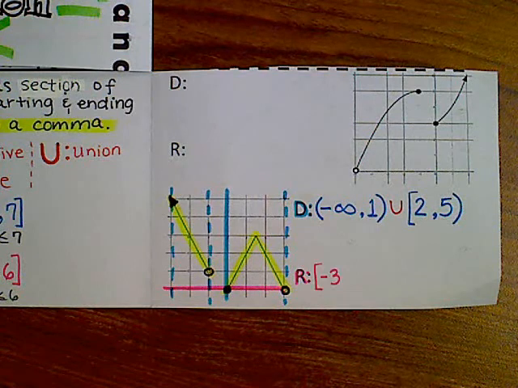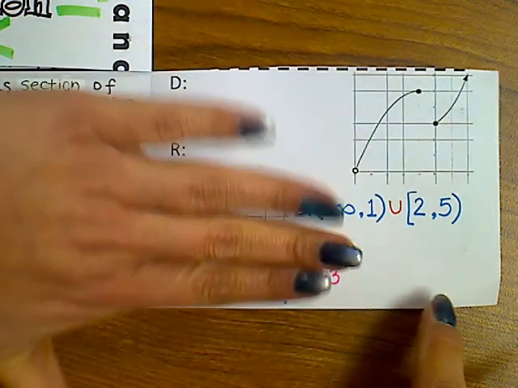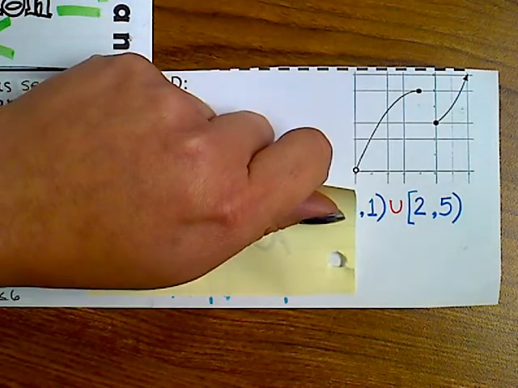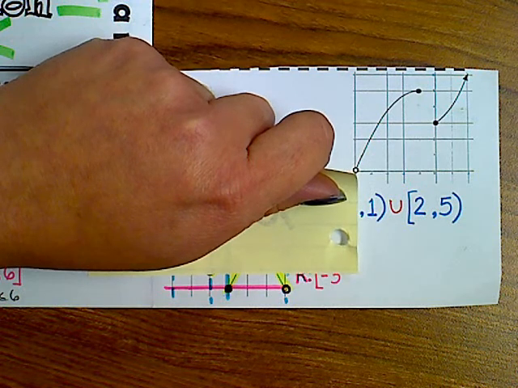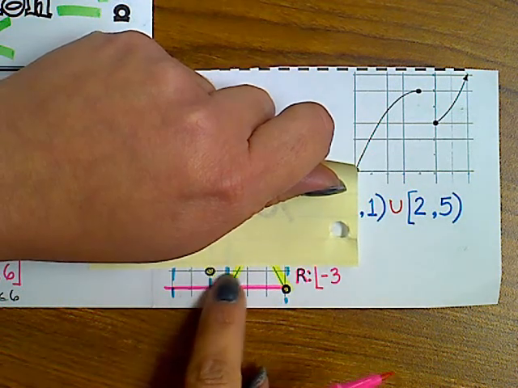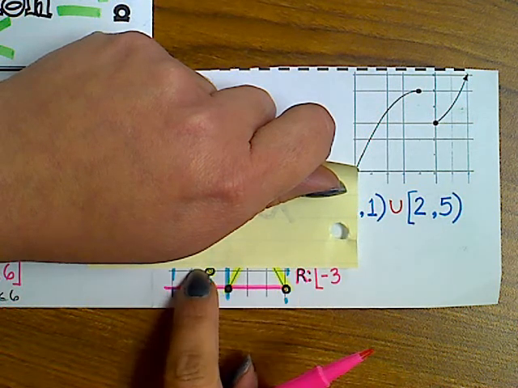So let's go ahead and continue moving on up. So as I go up, I'm going to go ahead and just do a reveal here. Moving on up, so I have another open circle, but I also have solid lines here that are going to fill it in.